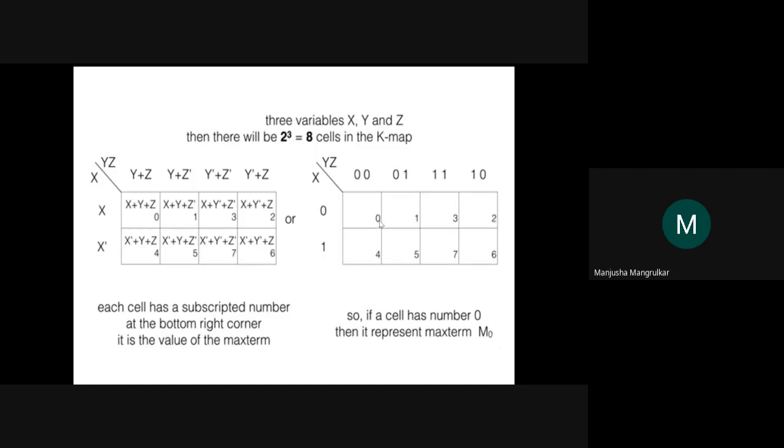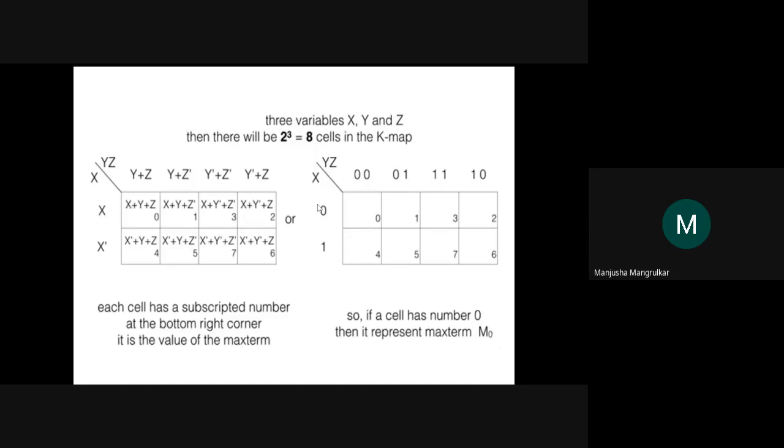So how will we numberize these cells? 0, 1, 2 and 3, right? 4, 5, 6, and 7. Whatever we have done in the sum of product, the same numberizing applies here in the product of sum.